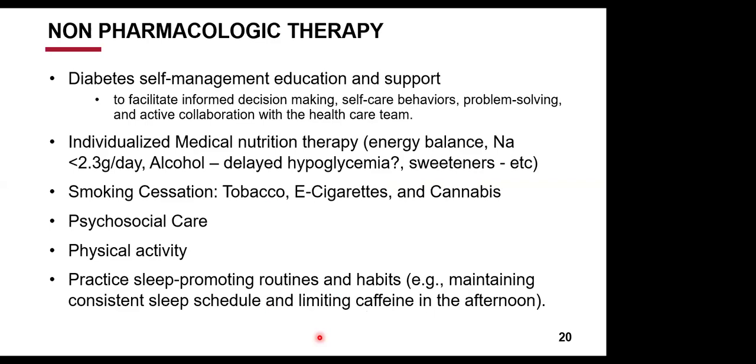In terms of non-pharmacologic therapy, diabetes self-management and education is very key because this helps the patients to make informed decisions and also improve their self-care behaviors. So it is very important. You need to empower these patients to be able to self-manage their condition.